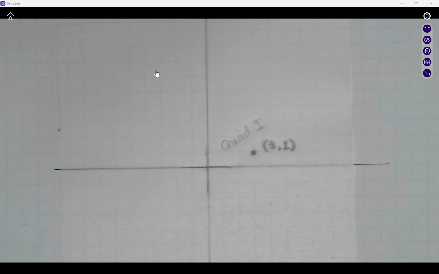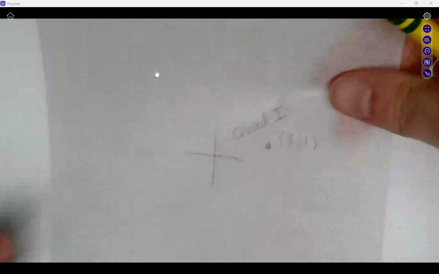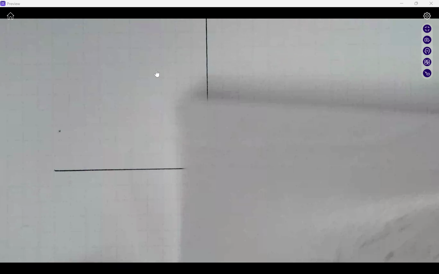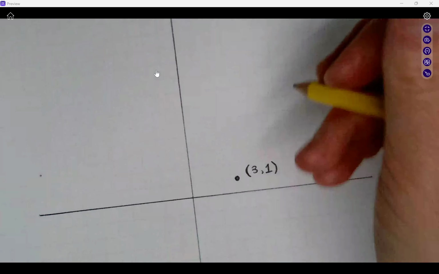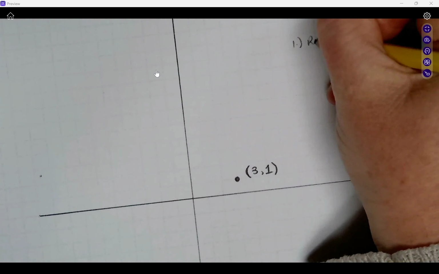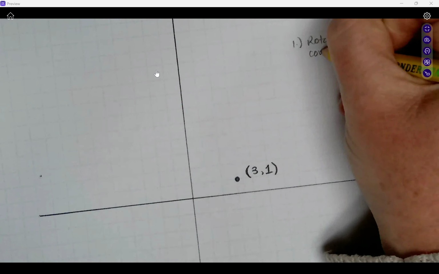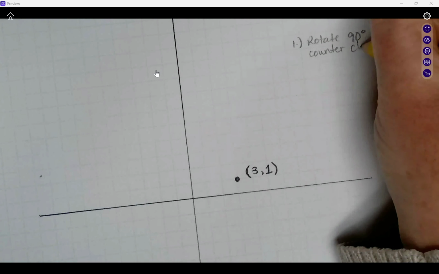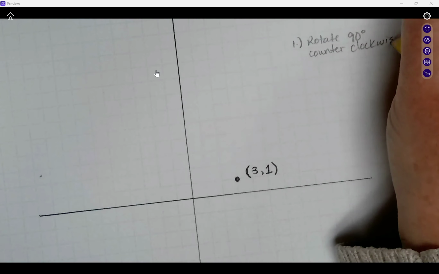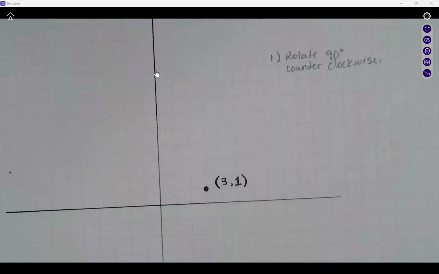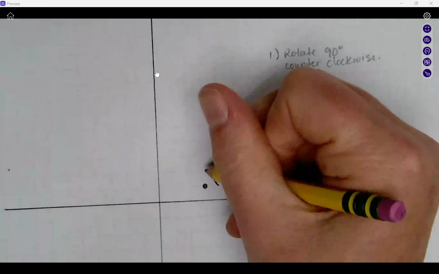So anyhow, I'm indicating that I have quadrant 1 here. I am going to have us rotate 90 degrees counterclockwise and determine A prime. So let's go ahead and call this point A.